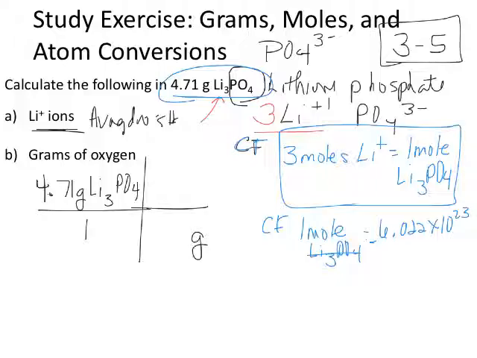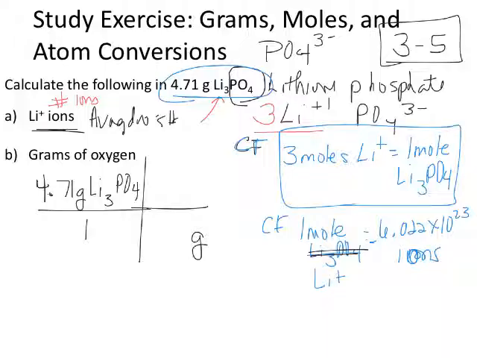Well, actually, that's not 1 mole of lithium phosphate. This is actually going to be 1 mole of lithium ions. We have 6.022 times 10 to the 23rd ions. So it's really asking us, what's the number of ions? How many ions?